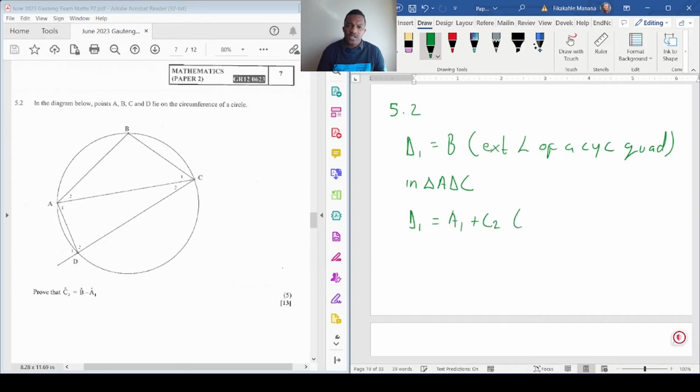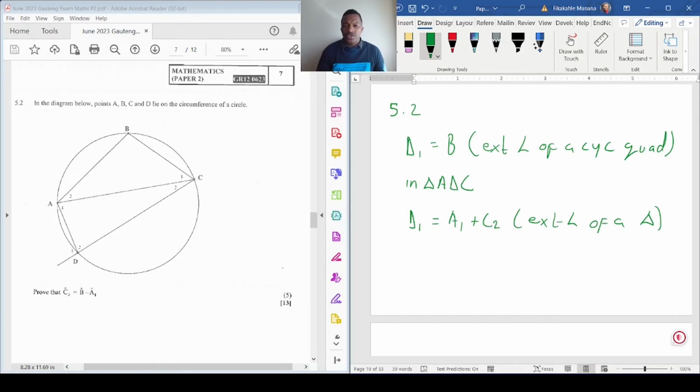And the reason is external angle of a triangle. Remember that rule, external angle of a triangle, D1 is equal to A1 plus C2.